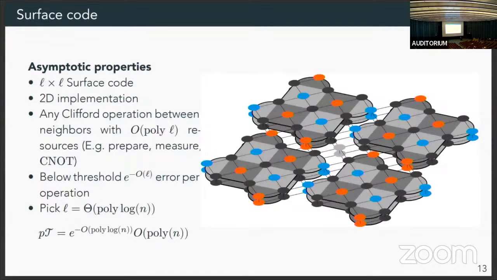So all we're going to do is pick the side length of this thing to be polylog. You recall this expression here, the error rate per syndrome extraction cycle of the inner code times the depth. If we pick the surface code size appropriately, this can be made an arbitrarily small constant. So you recover the threshold.